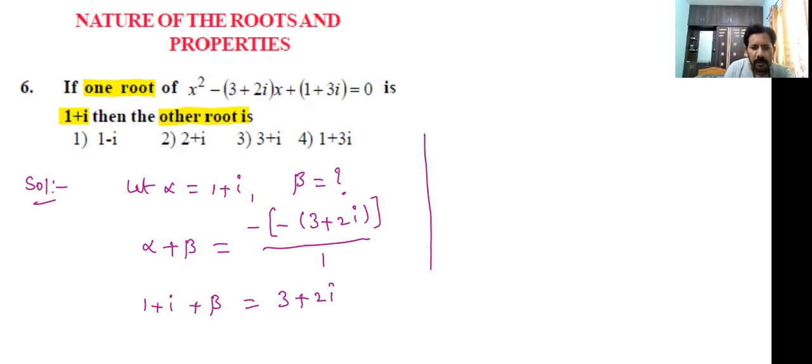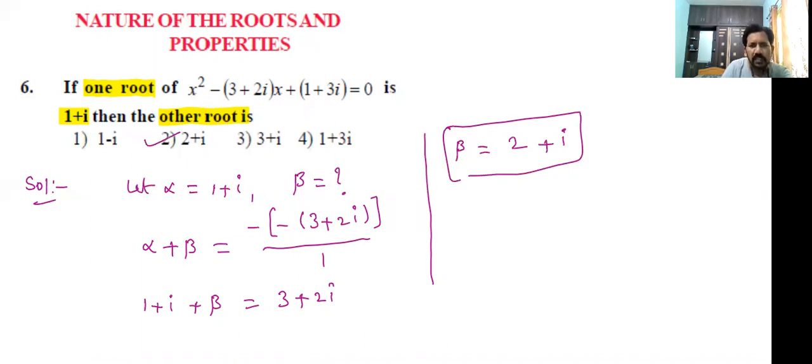And 1 plus i sent to the right hand side. What we get? 3 minus 1, 2. 2i minus i plus i. So beta is 2 plus i. So the other root is 2 plus i. Second option correct.